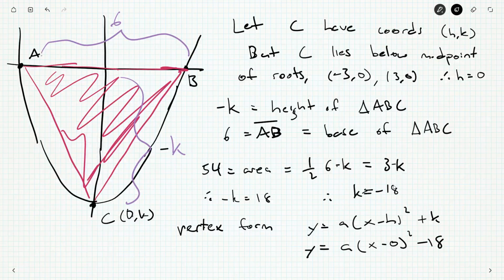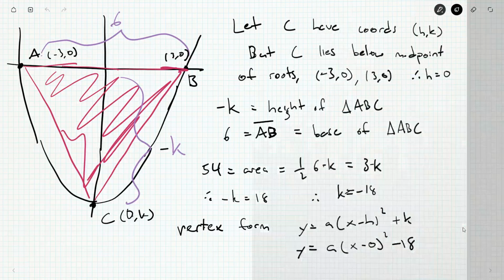So minus 18 here, that makes sense because it's dropping below. Now we would expect a to be positive because it's an upward facing parabola, but can we actually figure out what a is? Absolutely. Because we have some other points on here, (-3, 0) and (3, 0). So we know that if I plug in x is 3, I should get y is equal to 0. So I might say something like, to find a, use one of the points, it doesn't matter which one. B is (3, 0).